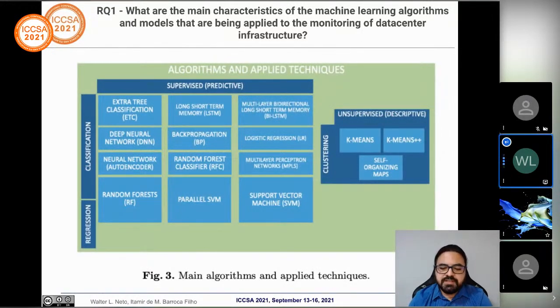We also present a figure that shows the main algorithms, models, and techniques applied, classified in these three categories.